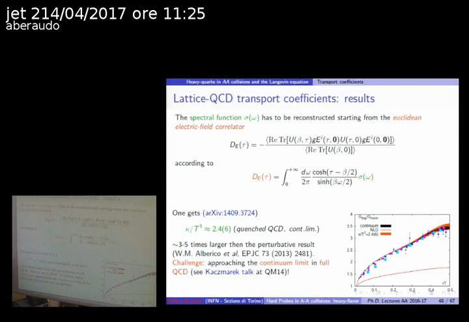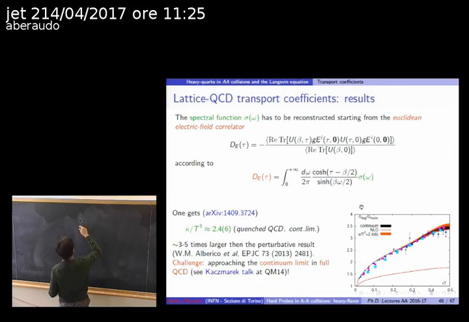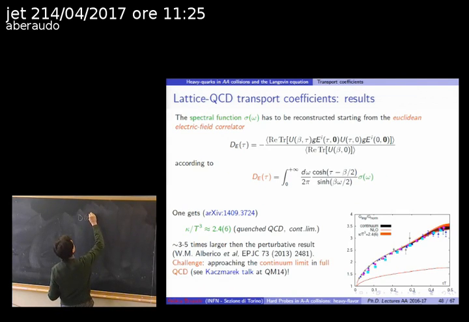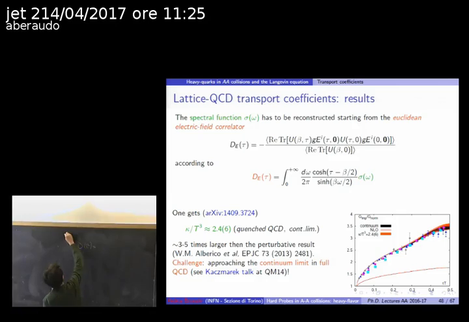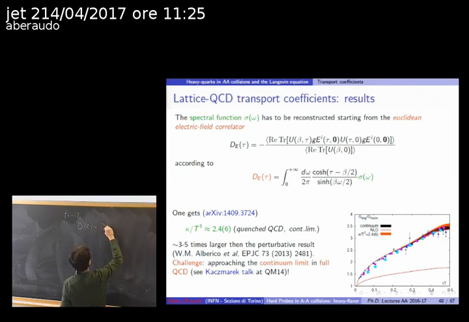I don't know if you have seen this already, but essentially it comes from the fact that D of tau, since t is equal to minus i tau, is nothing but D greater evaluated at t equal minus i tau.